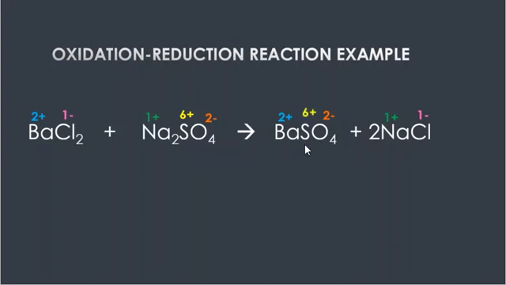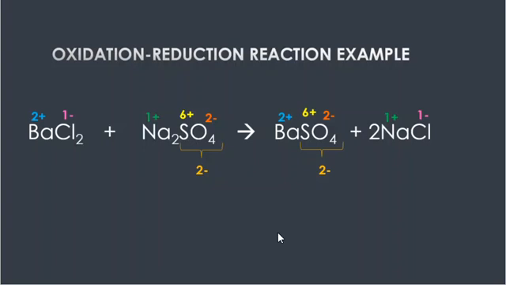Now, one thing I want you to note is that this is the sulfate ion, SO4 -2. When you see a polyatomic ion appear on both sides of the equation, you can treat it as a single unit. So hopefully you recalled that sulfate has an oxidation state of -2. So when you see that, you don't have to separate the individual elements making up that polyatomic ion.